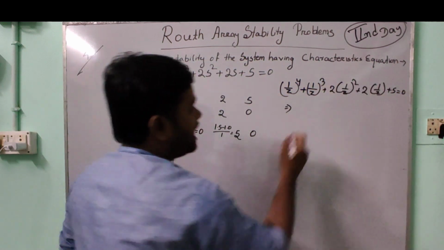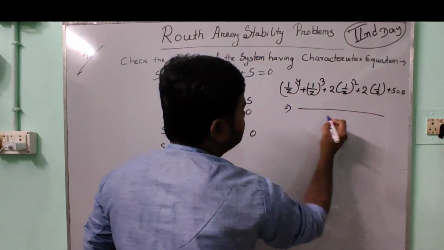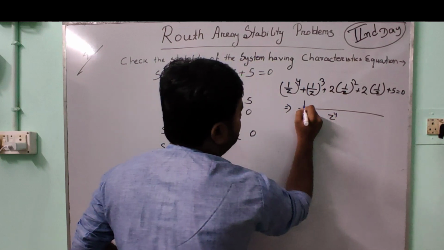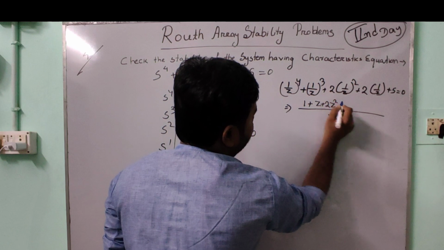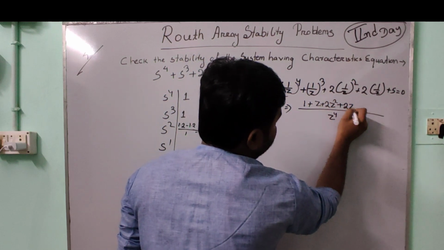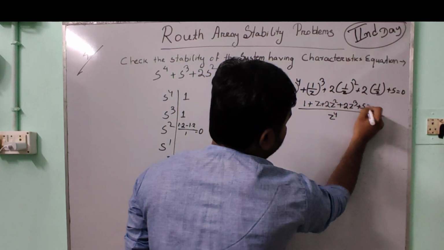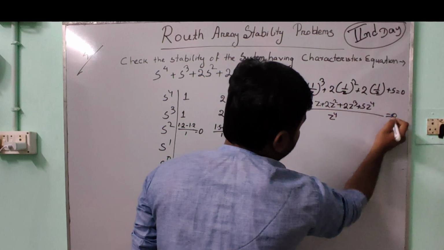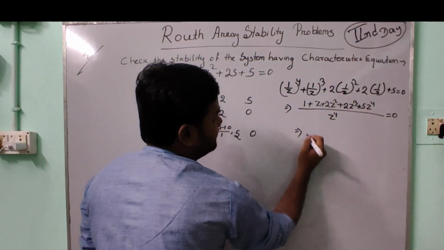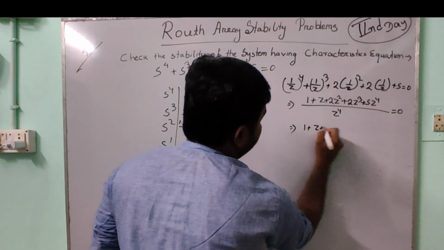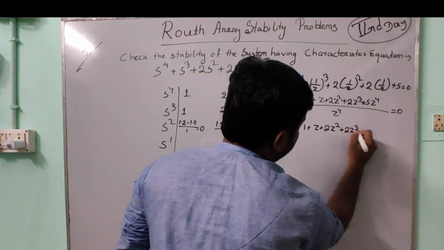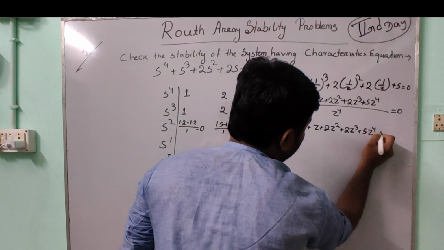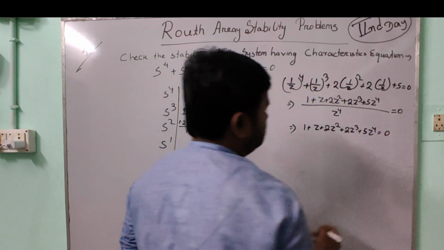By solving this, I will get z^4 as the common denominator: 1 plus z plus 2z^2 plus 2z^3 plus 5z^4 is equal to 0.